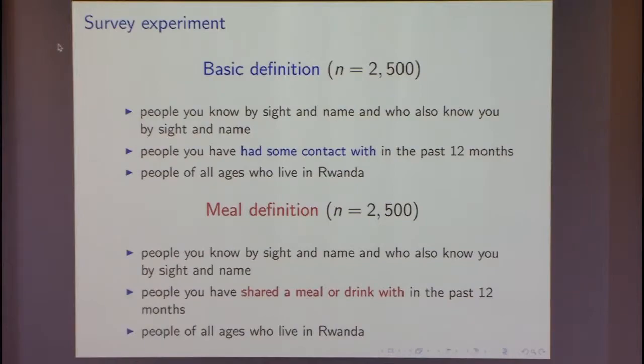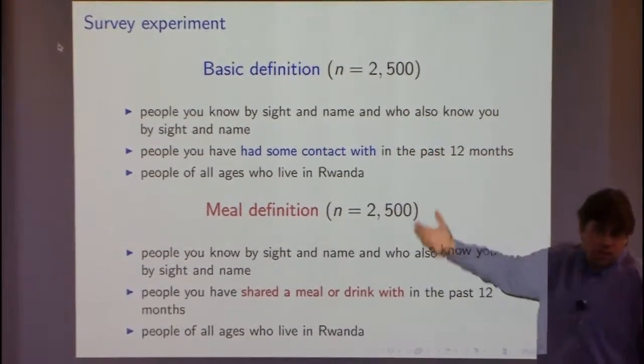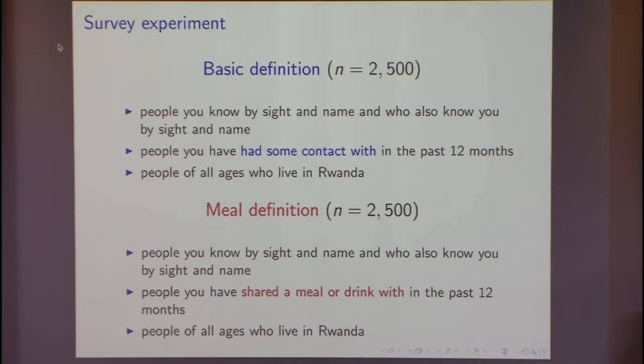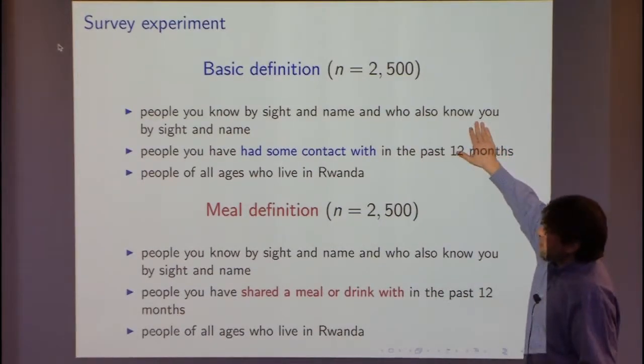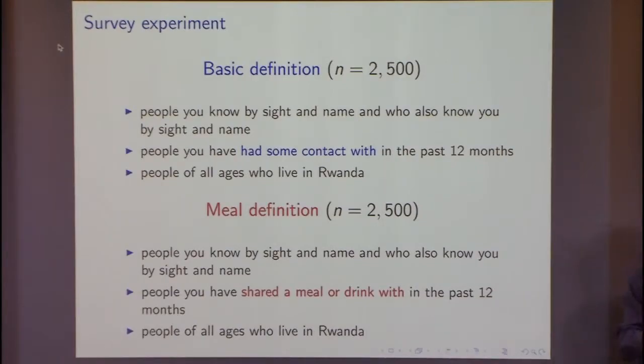So now what we did is we had a survey experiment where half of the people got one definition of what it means to be connected to someone else, and half got a different one. Half of the respondents got this basic definition, which is modeled after the definition that had been used a lot in the past: someone that you know by sight and by name, and that also knows you by sight and by name. So this is to produce reciprocity.